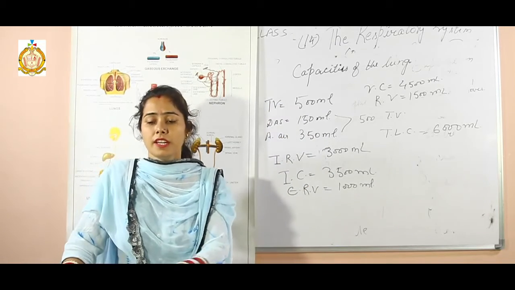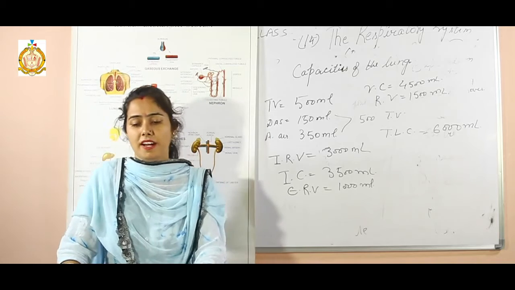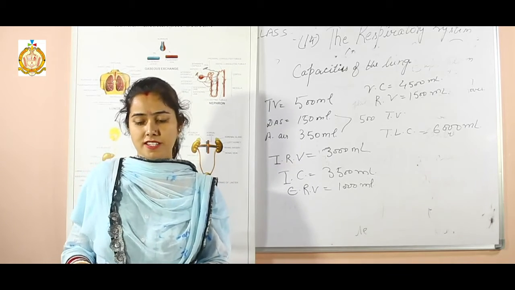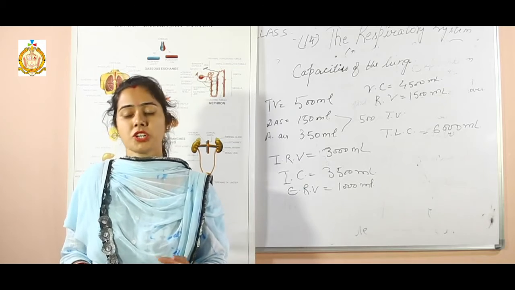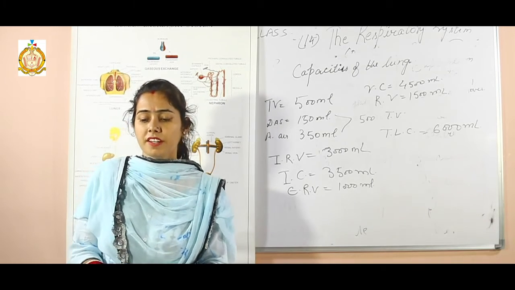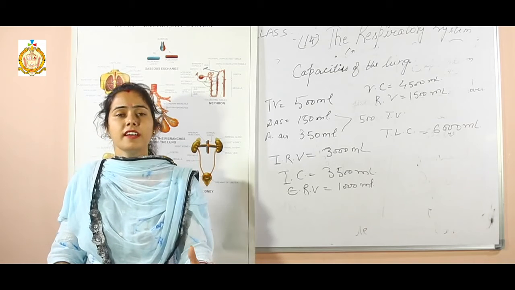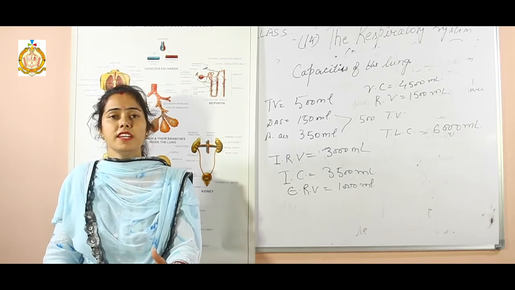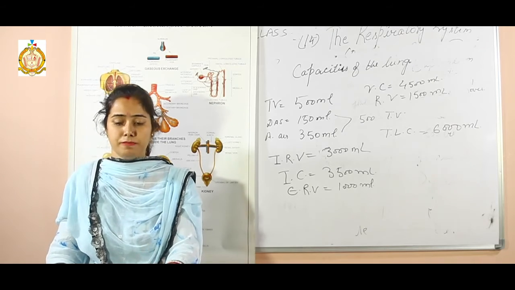Now, inspired air versus expired air. The air inside the lungs is never replaced completely. It is always a mixture of air left inside and air inspired. In other words, the air in the lungs is only becoming better and worse with each inspiration and expiration.